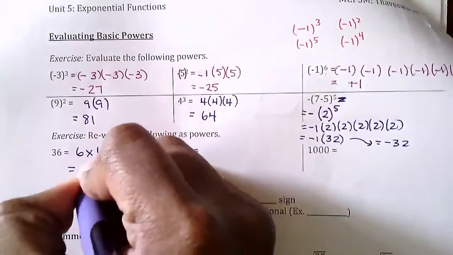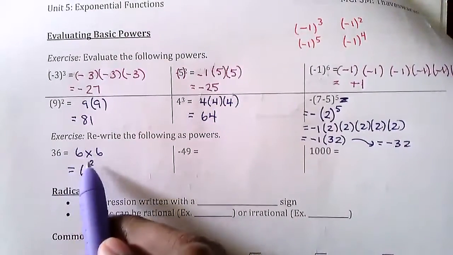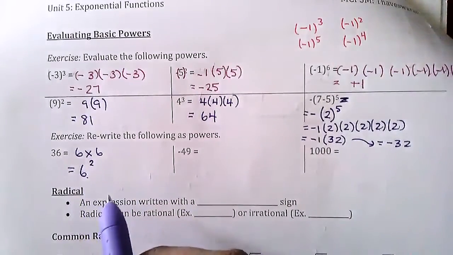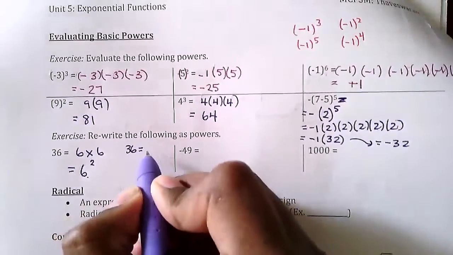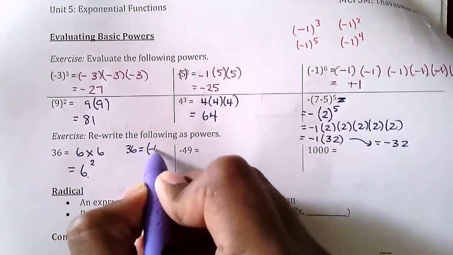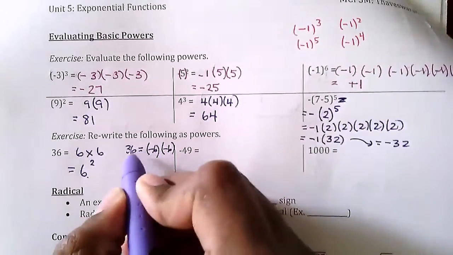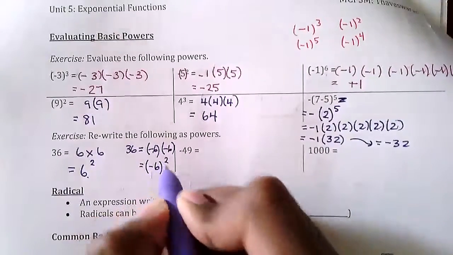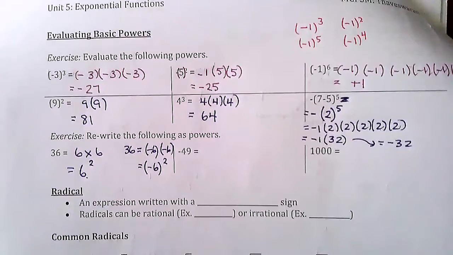So that's the same thing as writing 6 squared, because 6 was my base, but I multiplied it out twice based on this exponent. 36 is also interesting because I can also write negative 6 times negative 6, because negative 6 times negative 6 is positive 36. So this can also be written as negative 6 squared. So that's why that one is interesting.